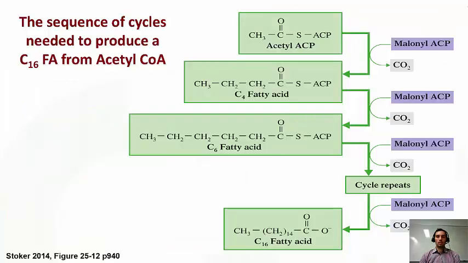Alright, so we can see a summary of how we actually build up this 16-chain fatty acid. So essentially, we combine the acetyl ACP with the malonyl ACP at the beginning, and together they will give us the acetoacetyl ACP.